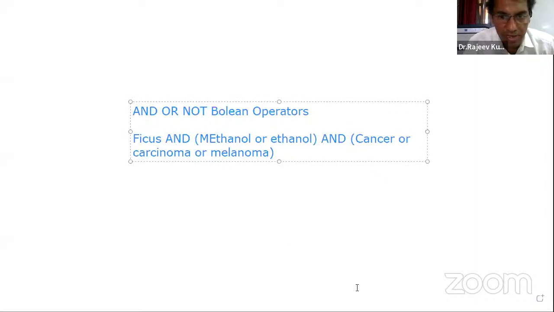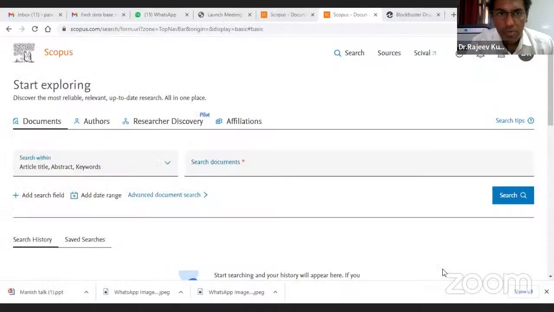If I run this search string on a database, for example, I'll show you a database which is accessible in our university, called Scopus. What you see on your screen is a database which we use to assess the patentability of an invention. I'm just showing you as an example.